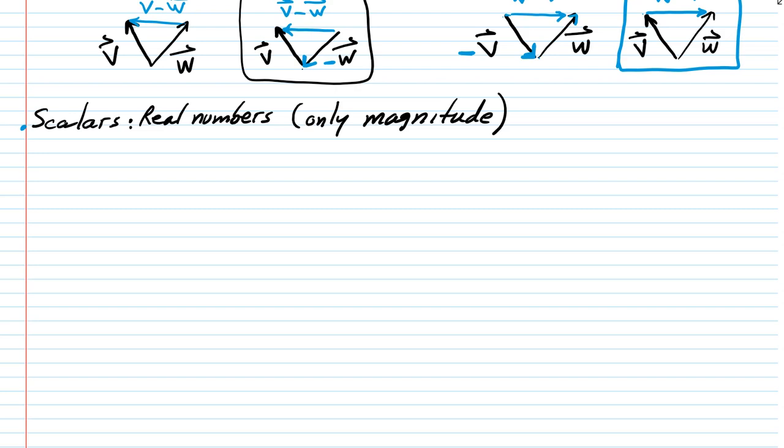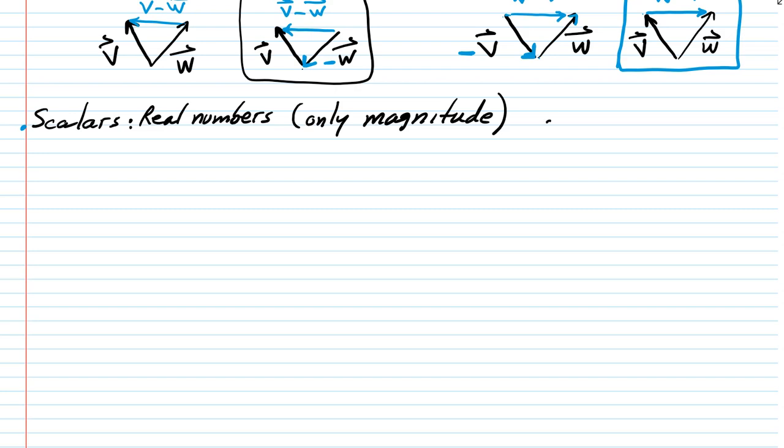So for example, quantities that would be scalars in the real world: time, for example, is a scalar. Temperature doesn't have a direction. Time doesn't have a direction. Speed doesn't have a direction. It's how fast you go, 70 miles an hour. There's no direction. You're not going north, east, south, or west. Mass would be another.